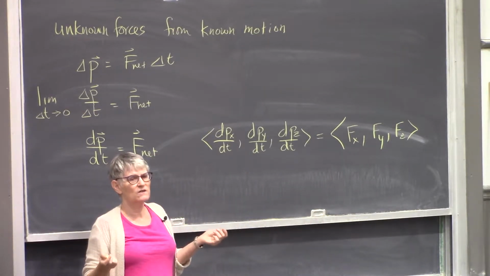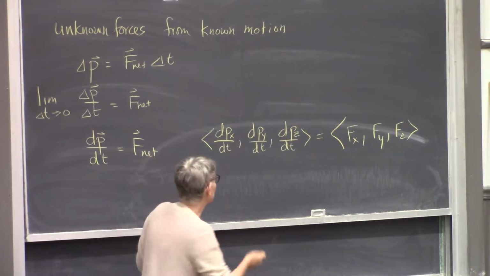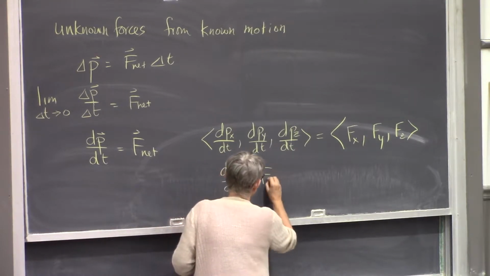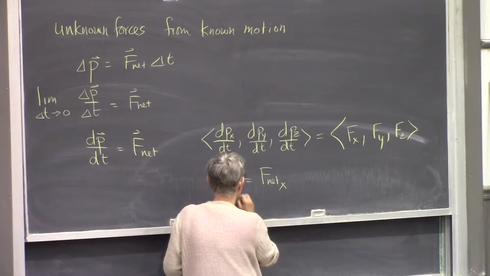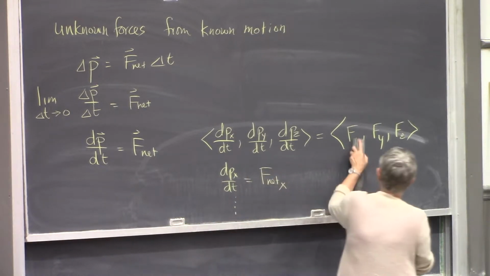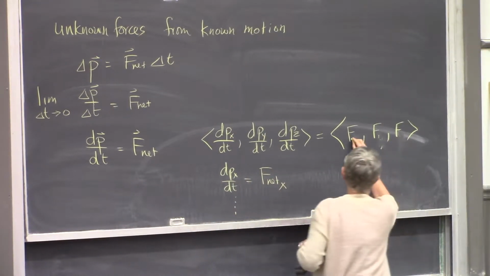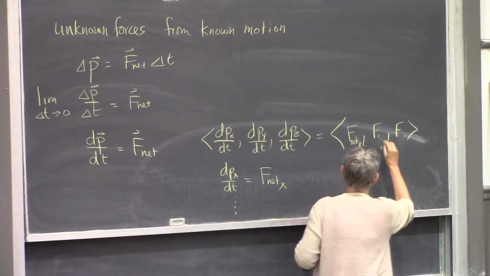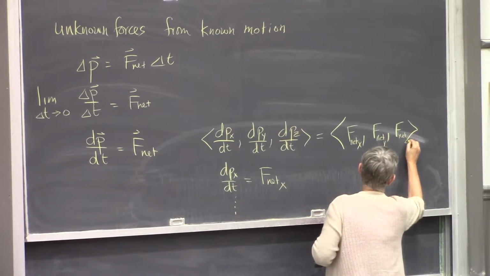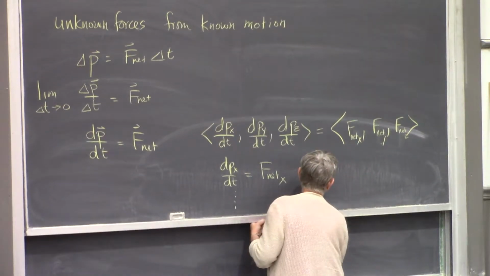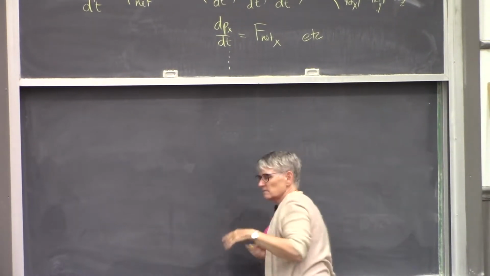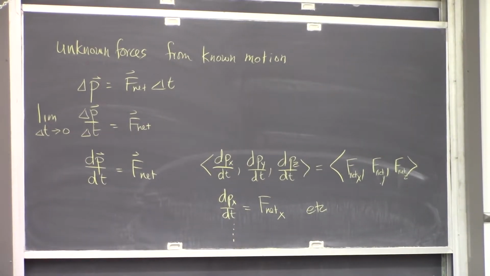So again, this is really a very compact way of writing three equations where we have dpx dt equals F net x, dpy dt equals F net y, and I suppose I should be a little more careful and put net here. So this is the form of the momentum principle that we'll be working with this week.